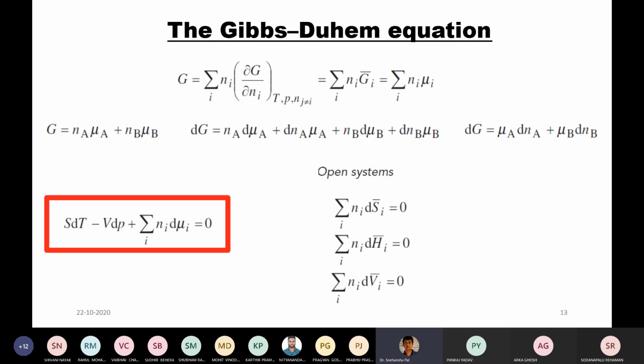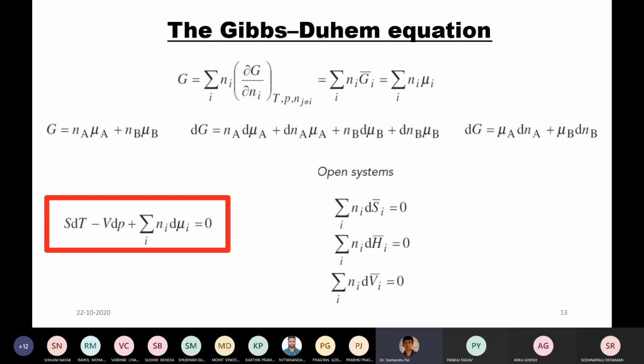Now we are going to learn about the Gibbs-Duhem equation, what it is and why it is required at all. For that, we have to understand certain important things. In the absence of non-PV work, we are not going to consider non-PV work here. An extensive property like the Gibbs free energy of a system is very important.